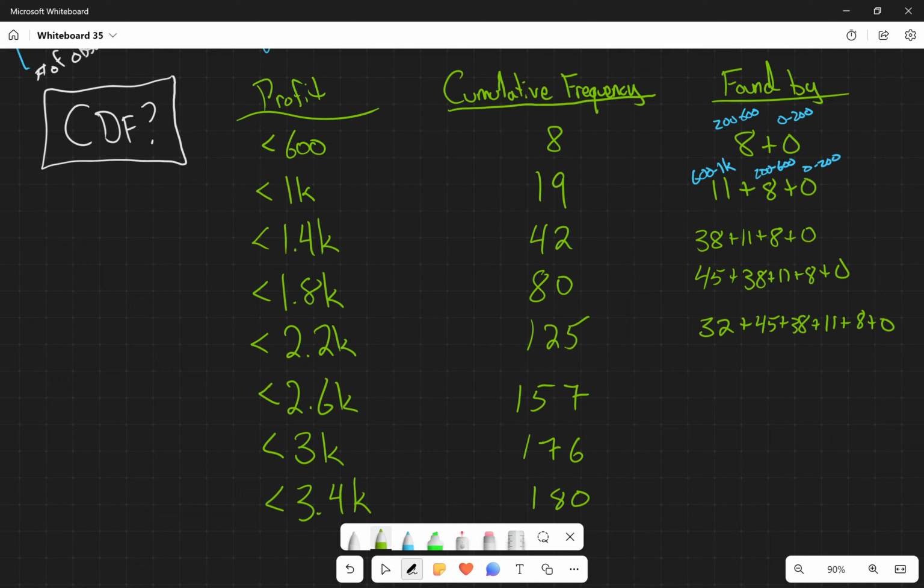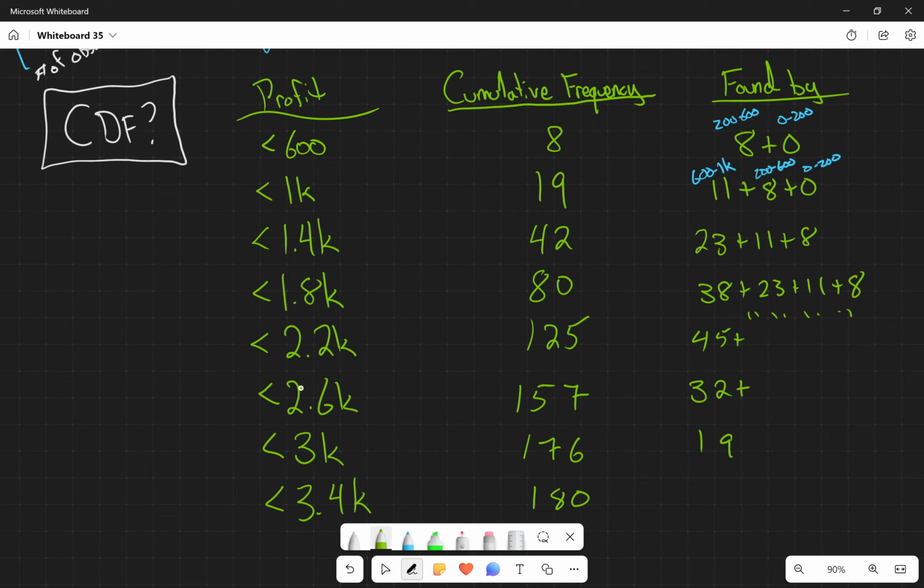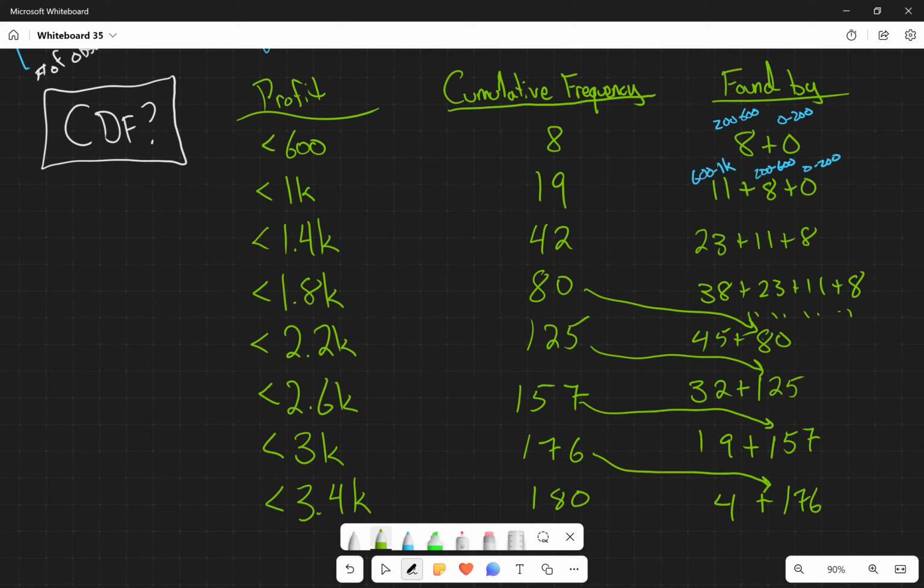Oop, missed one. 38. Yes. So I got a little lazy, and I just started to add the numbers to the last size, right?